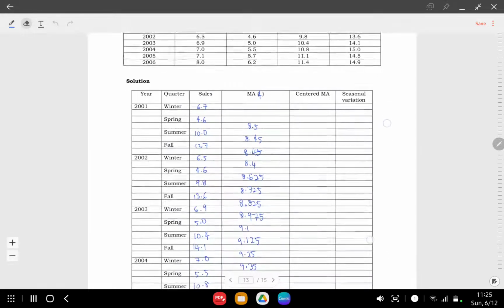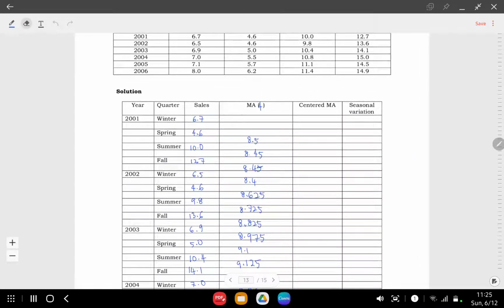And then we need to calculate the centered moving average. So first here, 8.5 plus 8.45 divided by 2. We need to calculate and find the average.